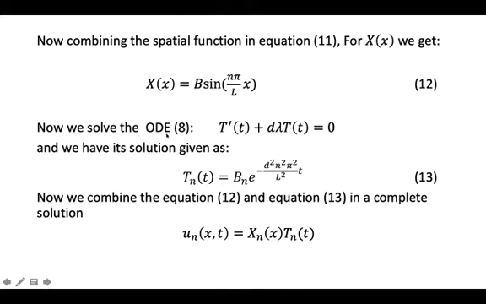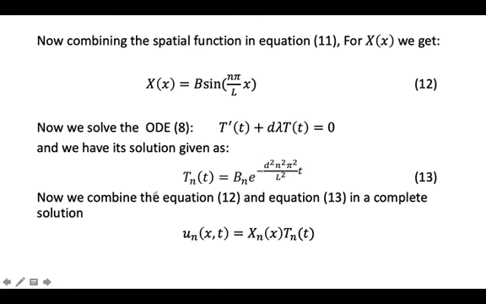So now we solve the ODE 8, and this is T dash of t plus d lambda T of t is equal to 0. Again we don't go into the detail of how this was solved, but its solution is Bn e power minus d square n square pi square over L square t.